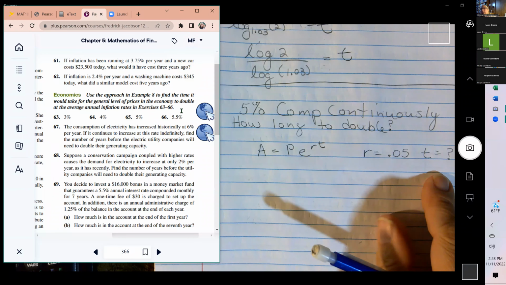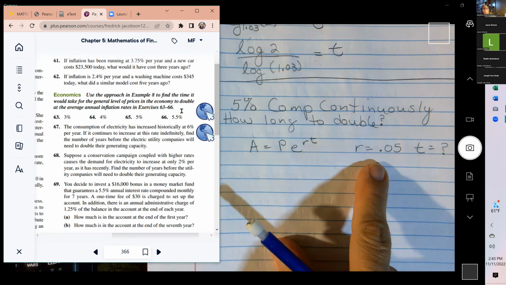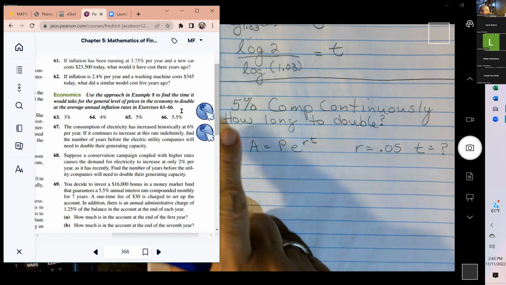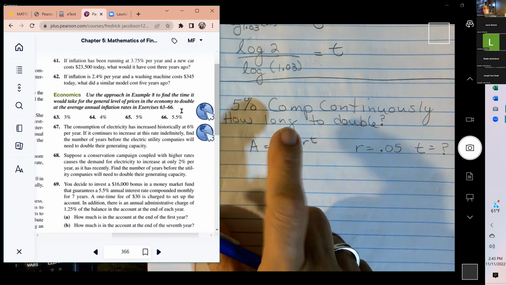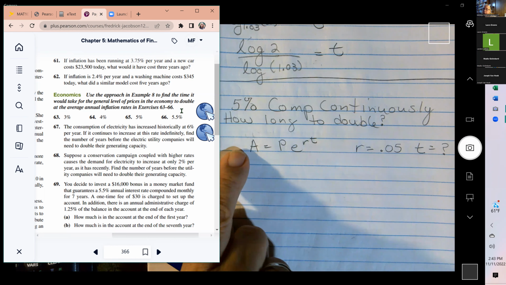We're looking for T. R is 0.05 because I said 5%. And then we just know whatever P is, the other one needs to double.